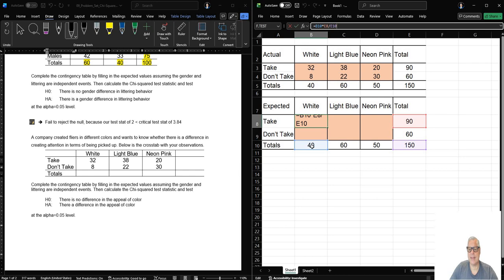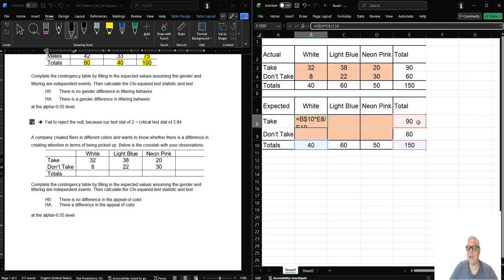So B10, what I want to prevent is that when I copy down that formula, that it moves down. So I can put in front of the row a $, but not in front of the B, because I want to copy that formula to the right, so the 40 must move to the 60 and to the 50.